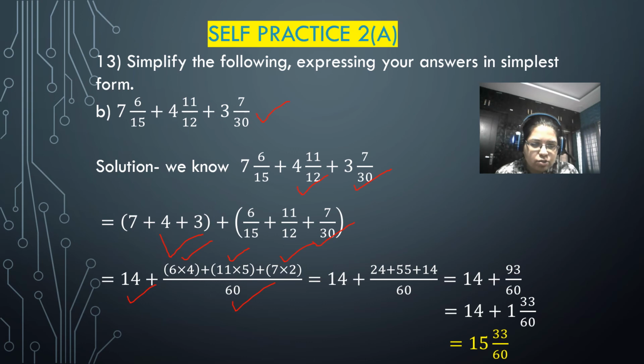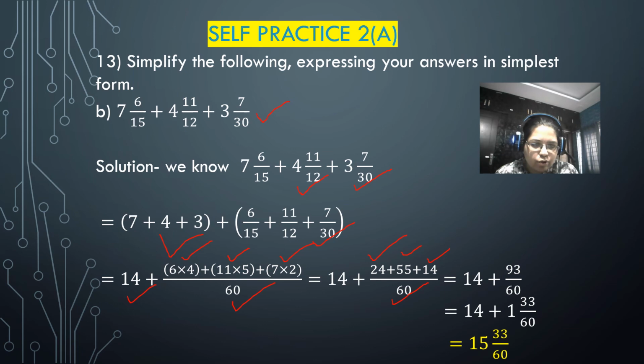So we get 6 multiplied by 4 plus 11 multiplied by 5 plus 7 multiplied by 2. 6 multiplied by 4 is 24, 11 multiplied by 5 is 55, and 7 multiplied by 2 is 14, divided by 60. 60 is the denominator, that is the LCM of these denominators.